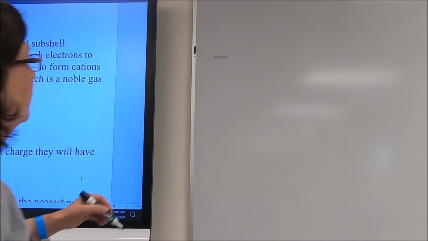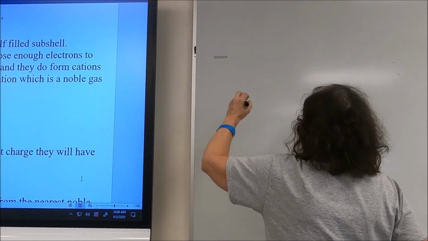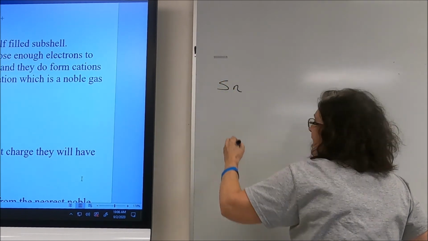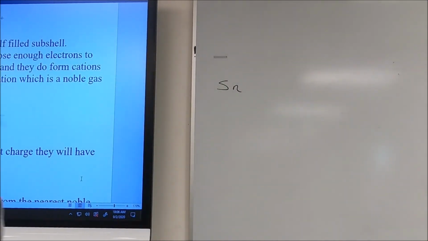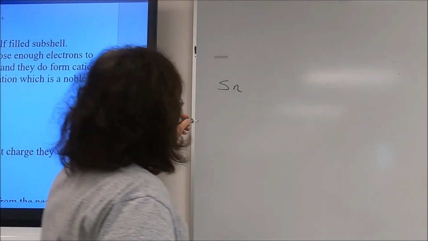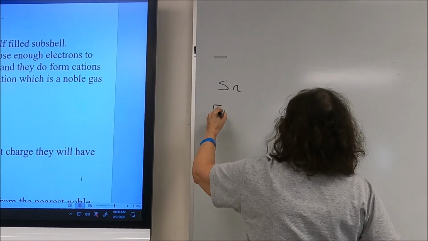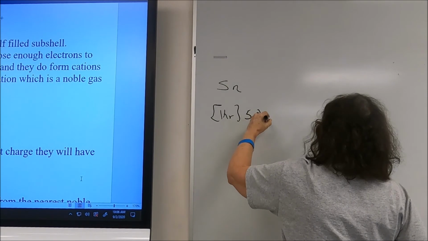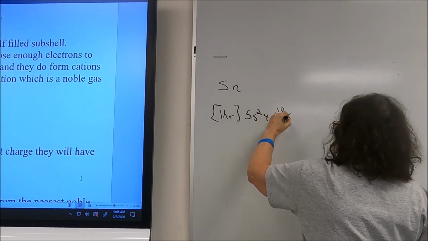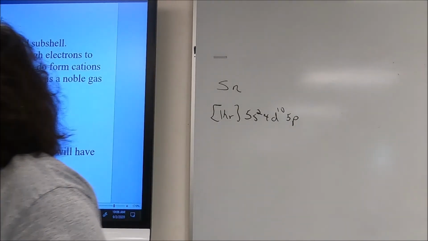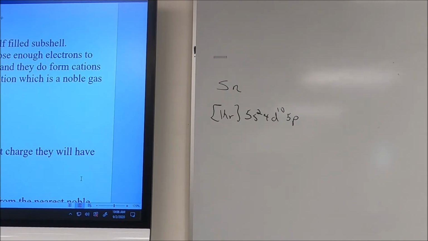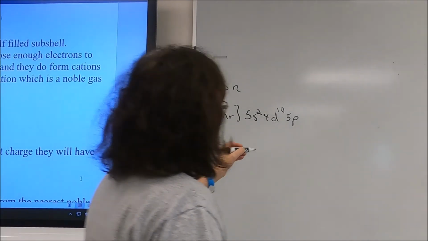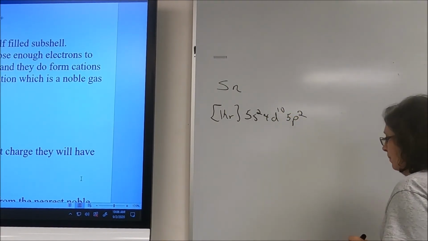If we look at tin, tin is on the 5th row. The row above it ends in krypton. So I've got krypton, 5s2, 4d10, 5p, and it's 1, 2 over in the p block, 5p2.